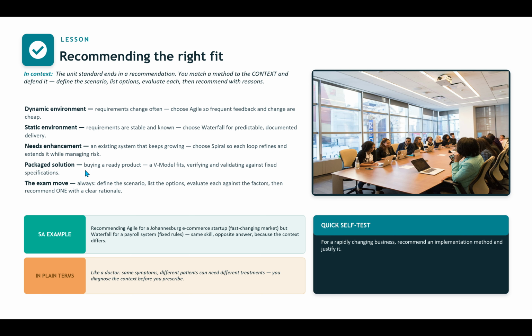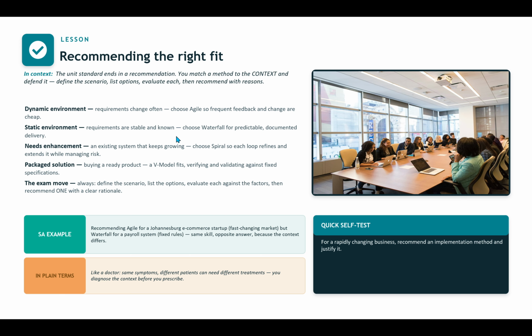Then we also have what is called needs enhanced, where we have an existing system that keeps growing. Here you need to choose spiral, so each loop refines and extends it while managing the risk.